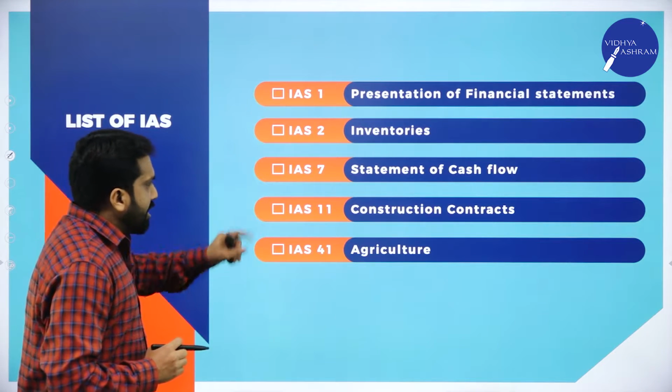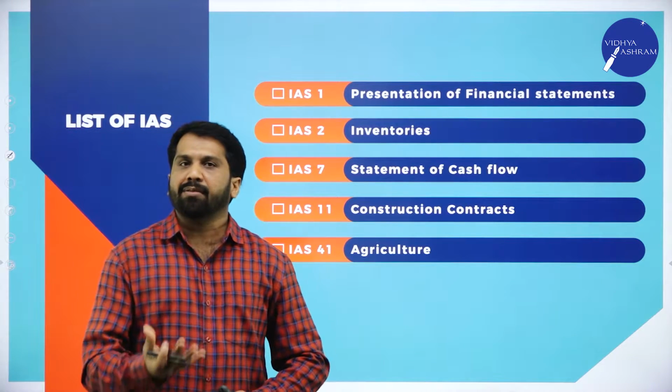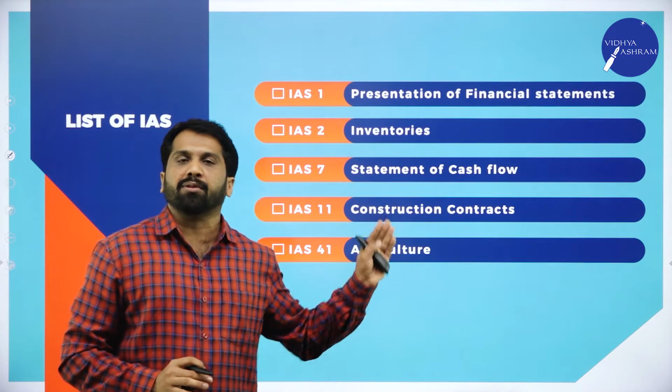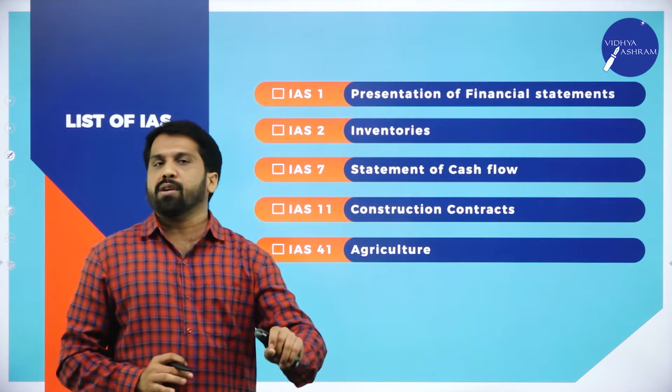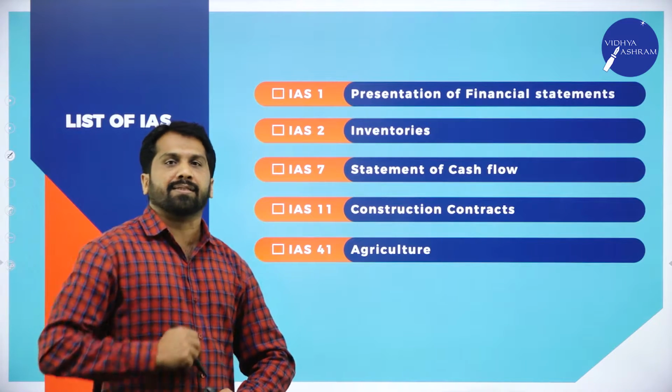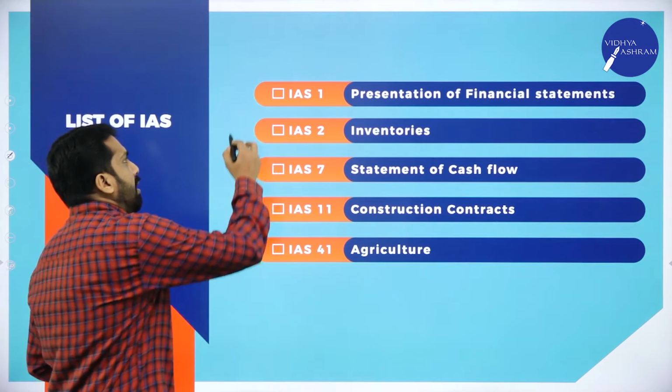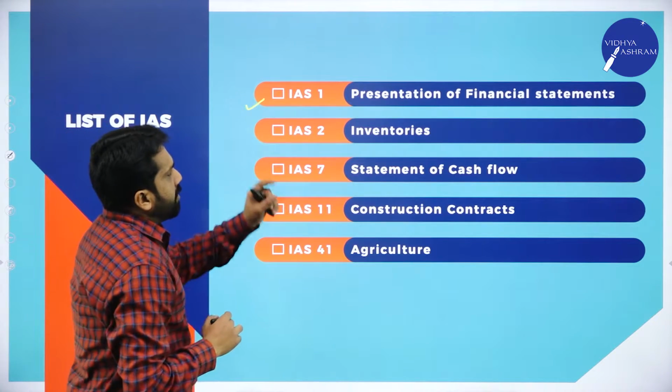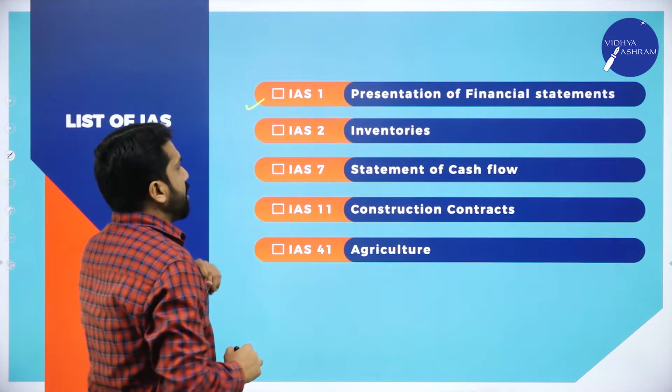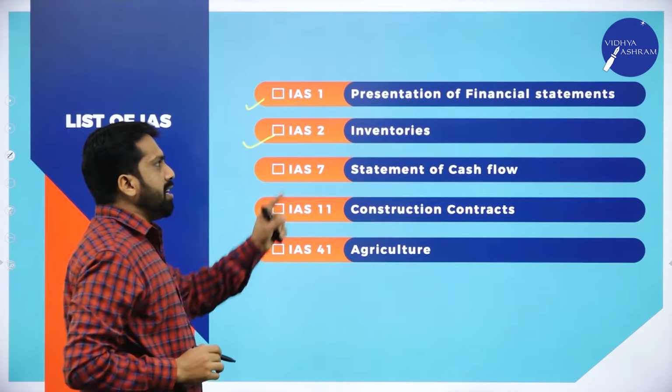Now, these are the accounting standards we have. Same logic, we have a total of 4 in this. Out of 4, remember only 2. Now, IAS 1, presentation of financial statements. IAS 2, inventory.